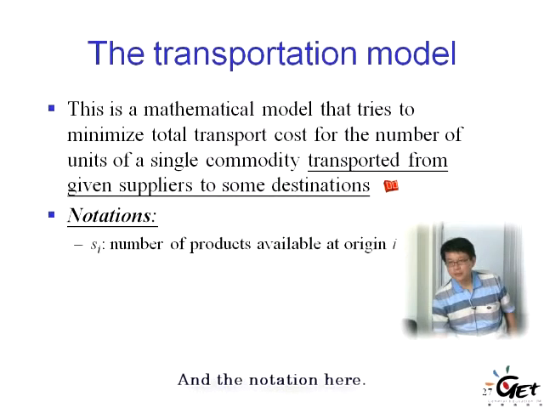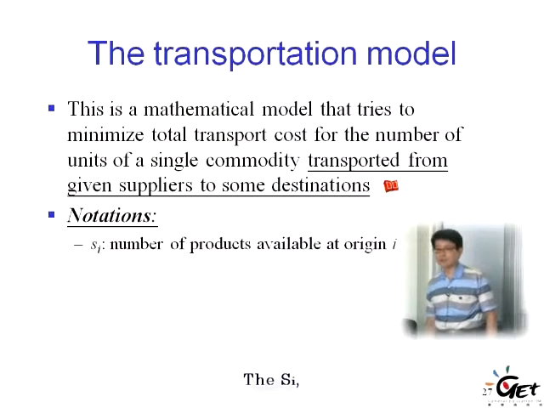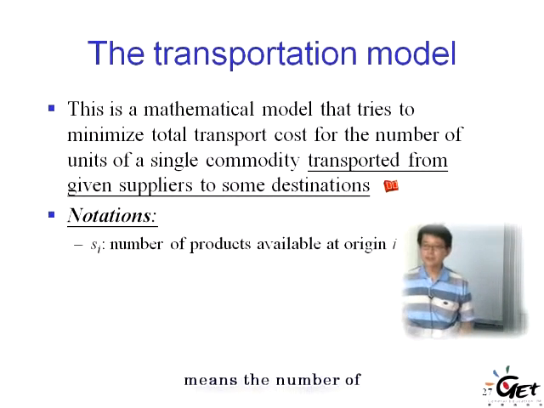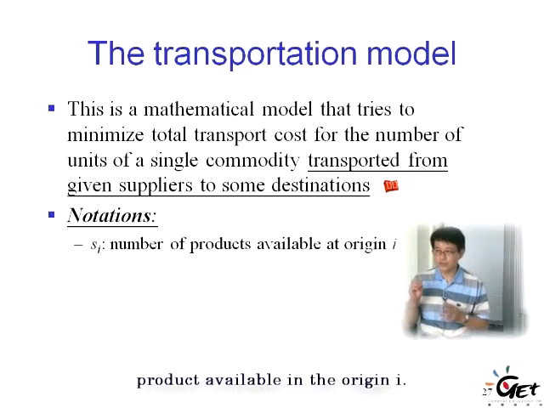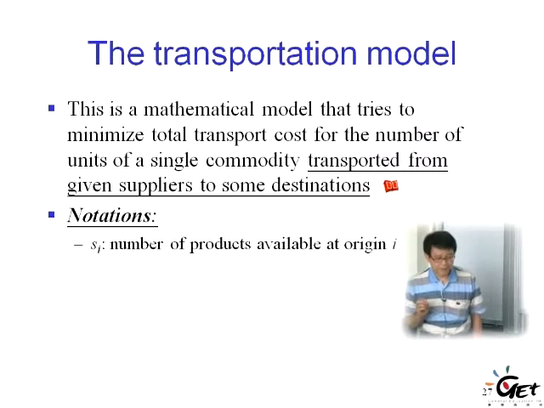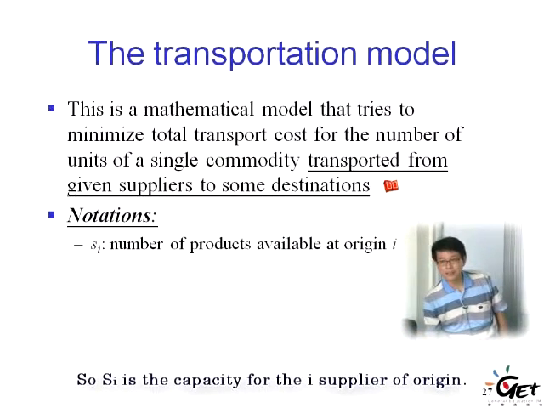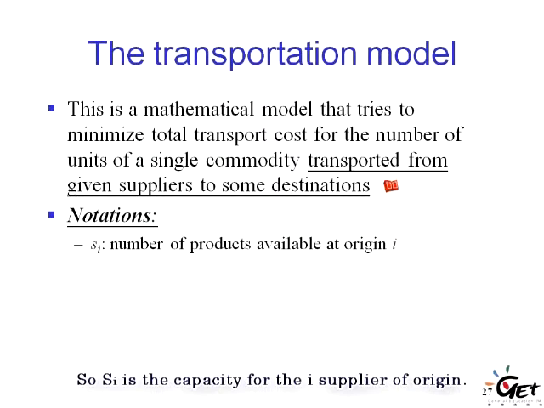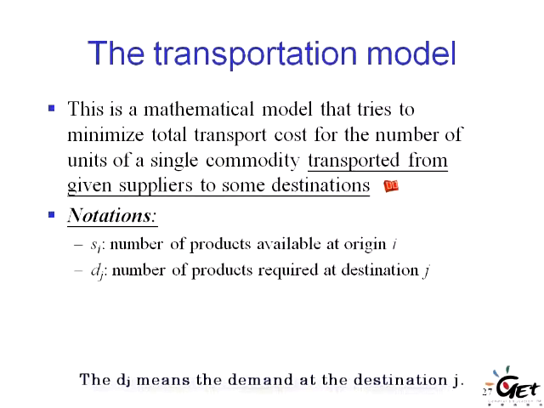And the notation here: S sub i means the number of products available at origin i. That's the capacity, so S sub i is the capacity for supplier i or origin i. D sub j means the demand at destination j, the needed quantities.